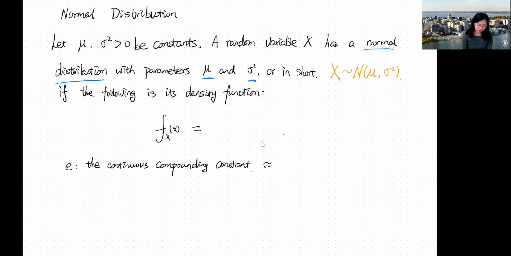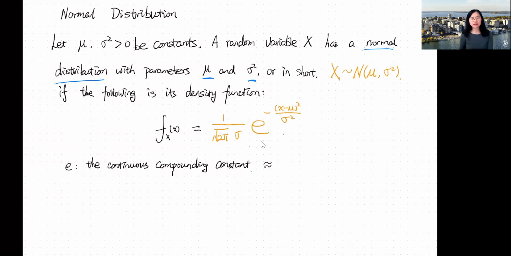So the density function is 1 over square root 2 pi times sigma times e to the power minus (x minus mu) squared divided by sigma squared.